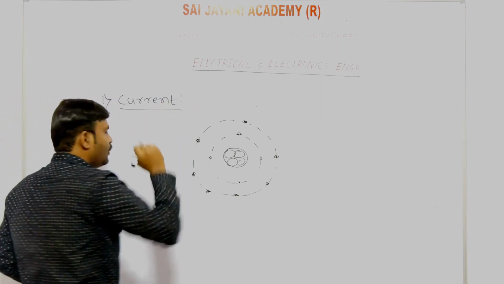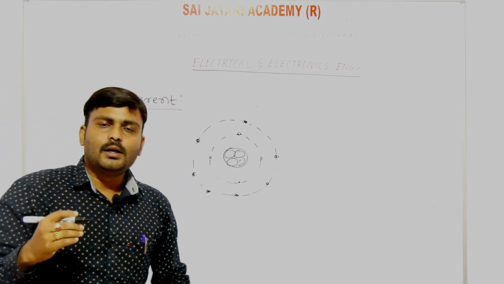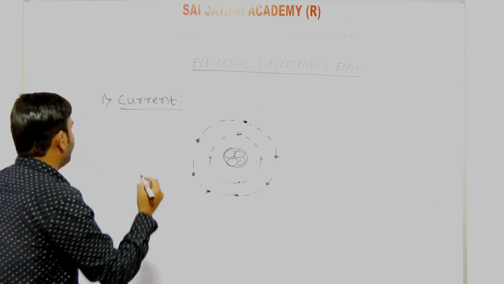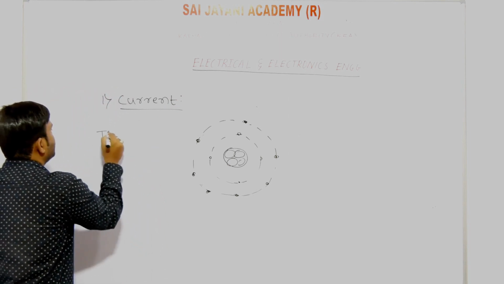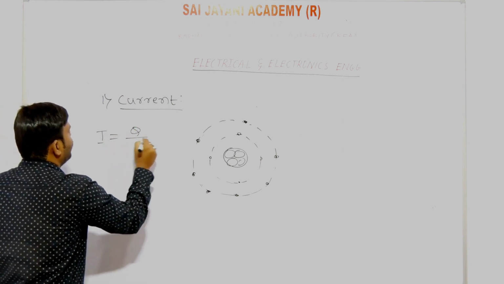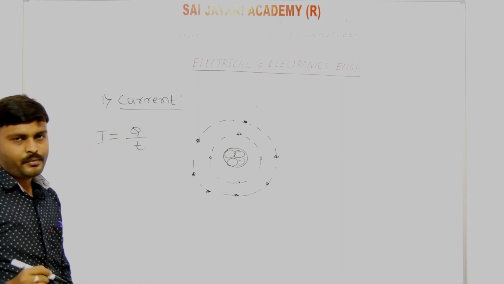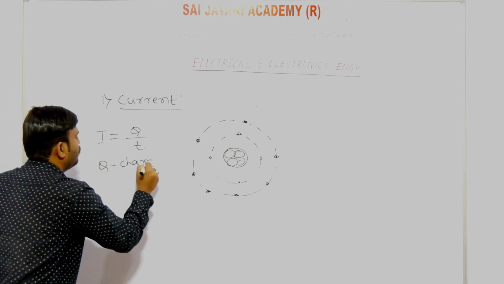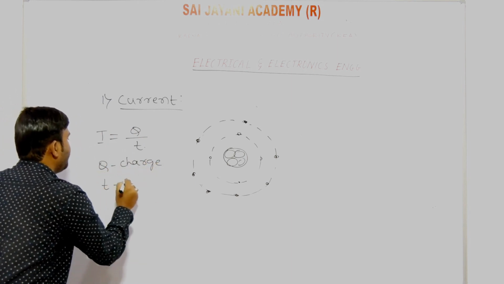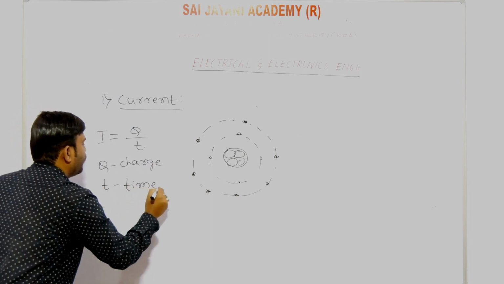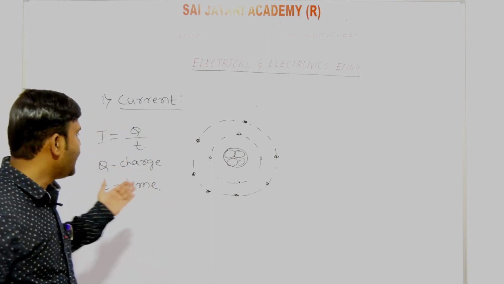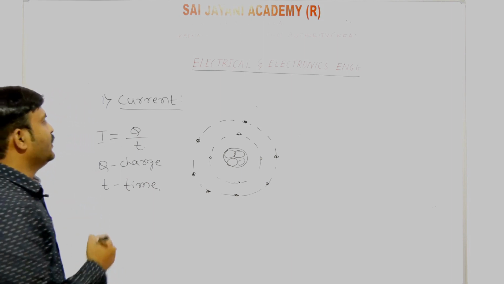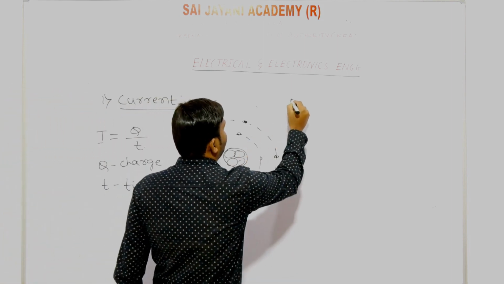Or we can call current the rate of change of charge. Current is equal to Q by T, where Q is the charge and T is the time. And what is charge? Charge is given by number of electrons.